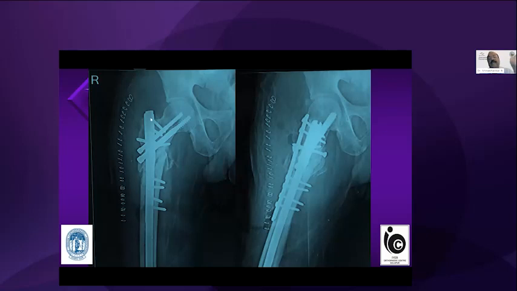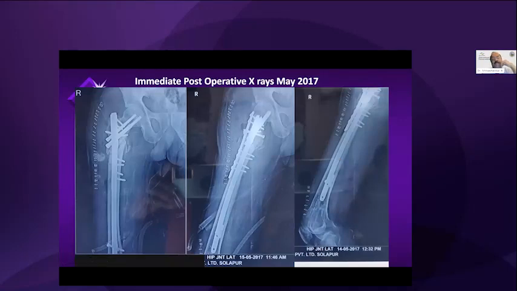I tried to medialize more by going more on the medial side of the neck. Again, due to the track which was there laterally, the nail could have gone more laterally. So to prevent that, I put a blocking screw lateral to the nail, which is seen here as an anteroposterior screw. And this is the immediate postoperative picture.